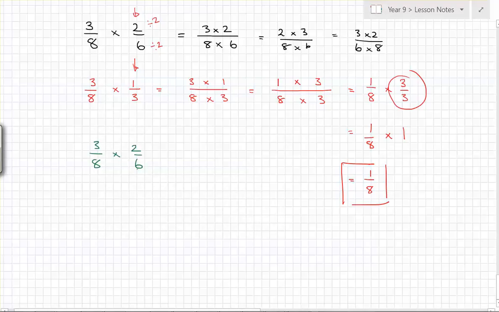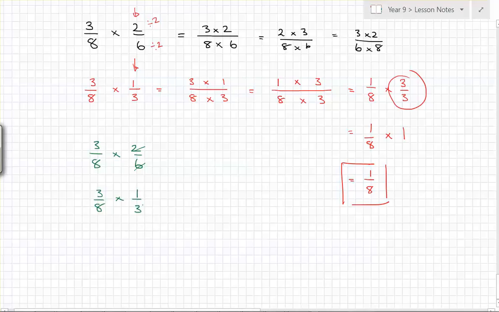Now, basically, this is what I can do. I can simplify either fraction with top and bottom, so I don't have to only simplify this one. First of all, I'm going to divide this by 2. So we do what we did before, and we make it 3 over 8 times 1 over 3.